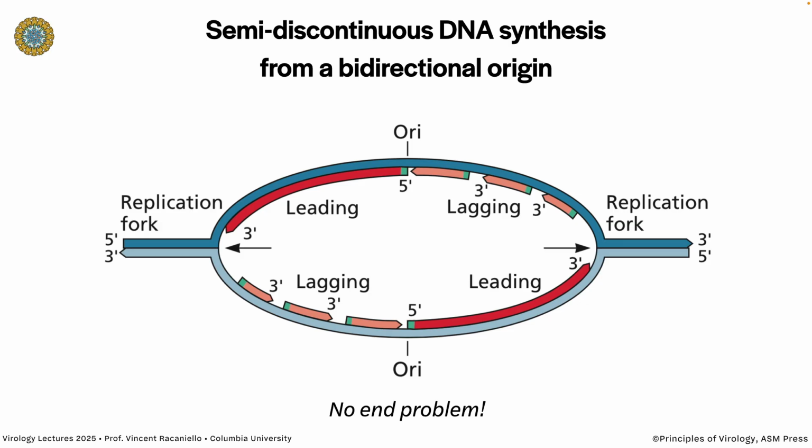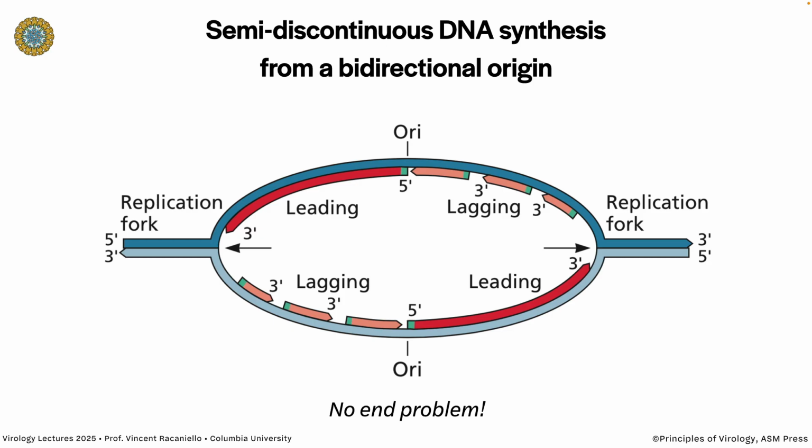Okay, so this is a summary of what's going on here. Semi-discontinuous DNA synthesis from a bidirectional origin. So bidirectional origin just means that we're going in both directions. What does semi-discontinuous mean? That means part of it is continuous and part of it is discontinuous, okay? The continuous part are the leading strands, which means that the polymerase, you could put down an RNA primer at the origin, and then the polymerase can start adding DNA and not stop because it's the right direction.